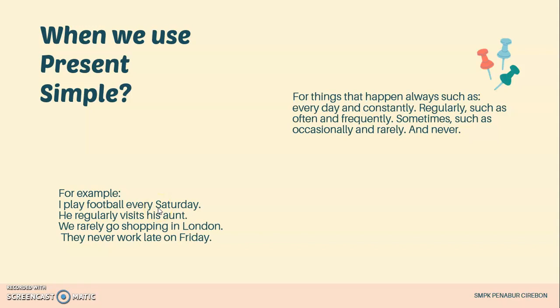He regularly visits his home. We rarely go shopping in London. They never work late on Friday. Every Saturday, regularly, rarely, never, on Friday, usually, always, are time signals in present simple.